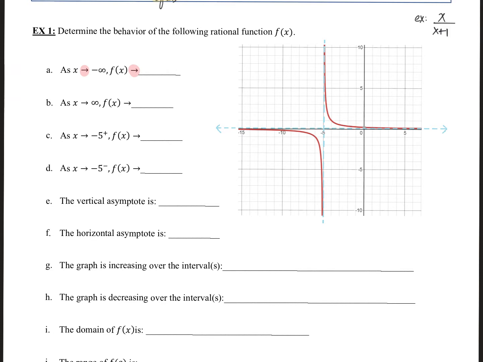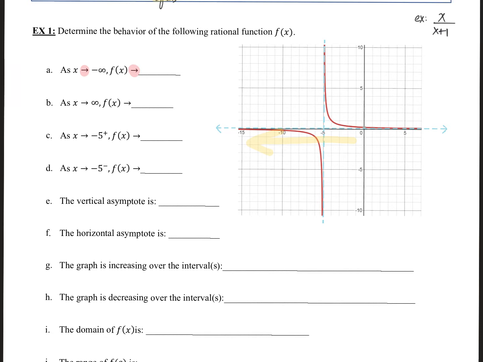So x are these values right here, right? Let me get my highlighter out. Those are the x values. Anything along that axis is an x value. But we're talking about the x values that are specifically approaching negative infinity, which means as x heads in this direction, off to the left.